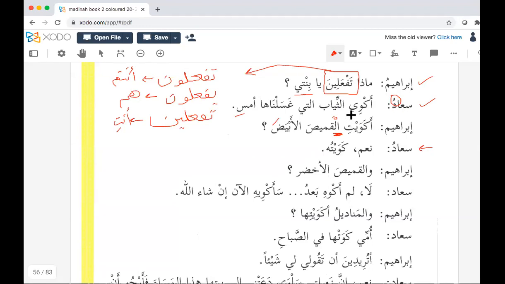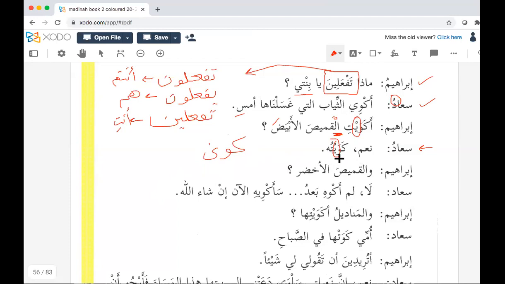So this is showing us that the asl of this letter here is the ya. In the fi'l madi, the verb says kawa. When they added the damir, kawayti, it became ya. When they added the damir, al-mutakallim, ana, it became a ya.